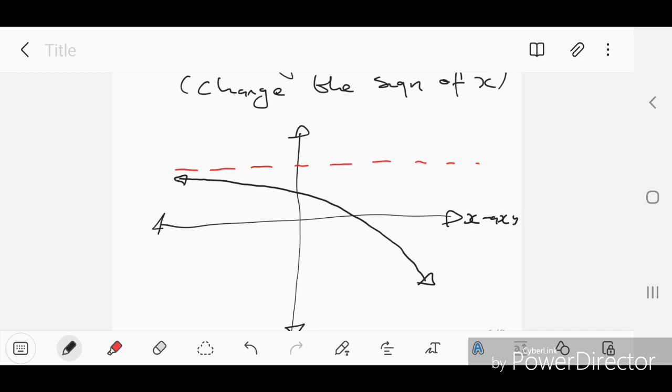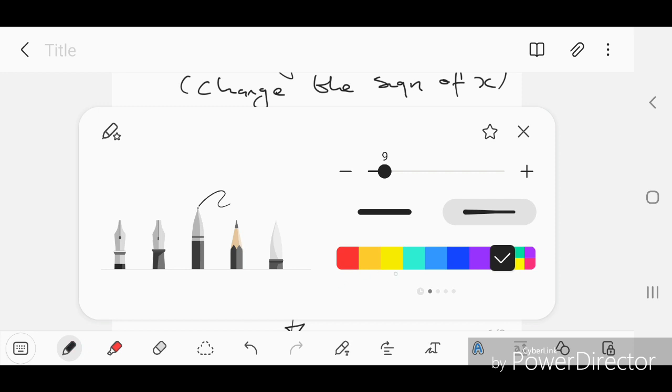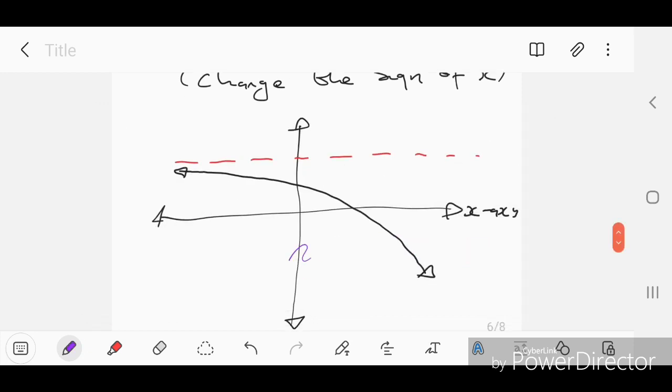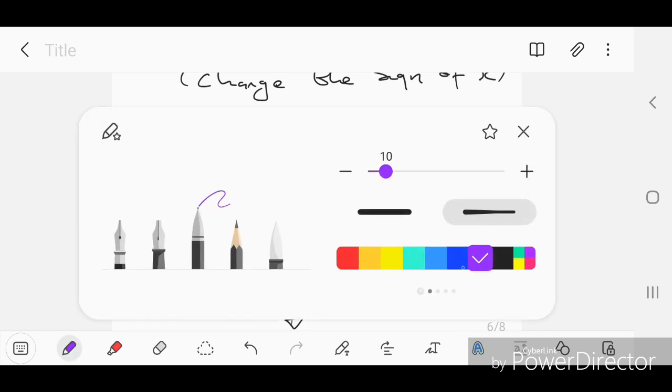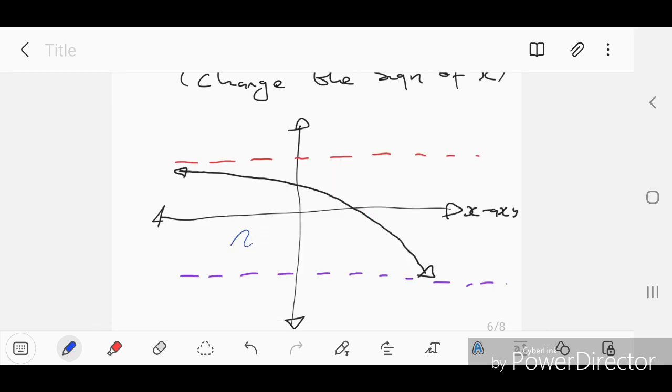How will the new function look? Now this x-axis is more like a mirror to me. So if this is my mirror, then my new asymptote will be this here. This is my new asymptote. And then my new function will be this here.